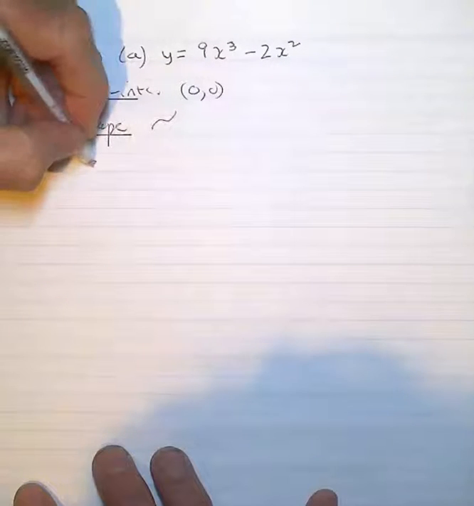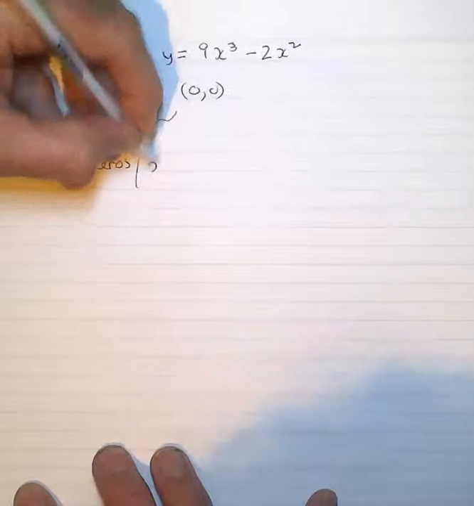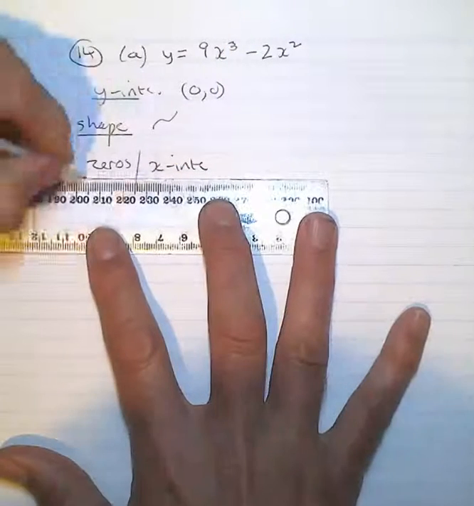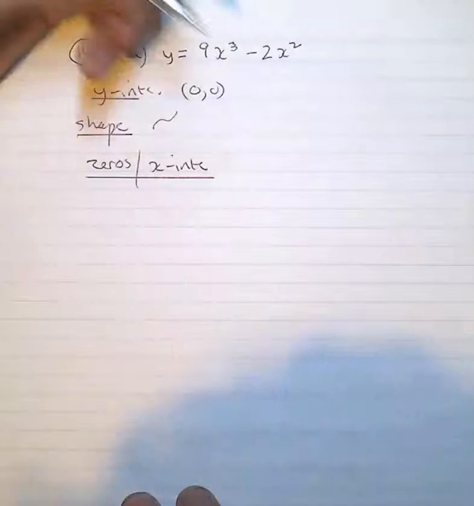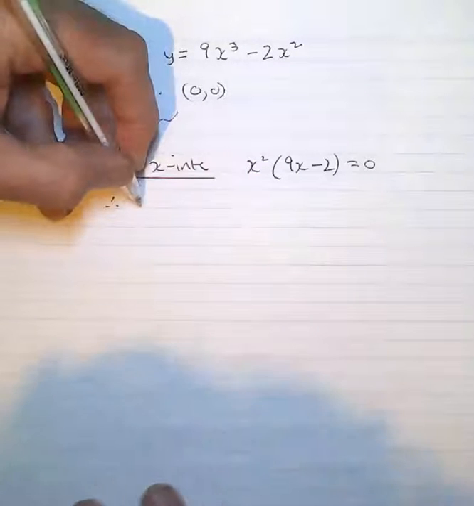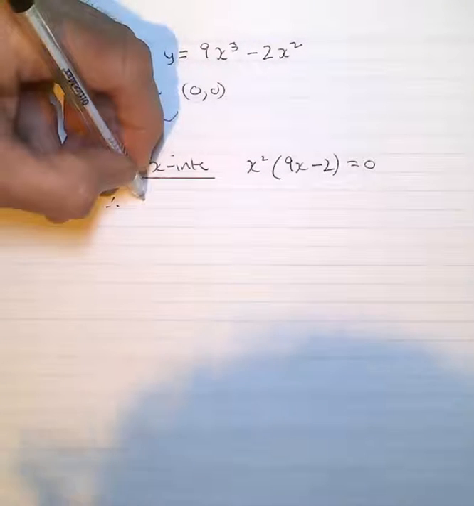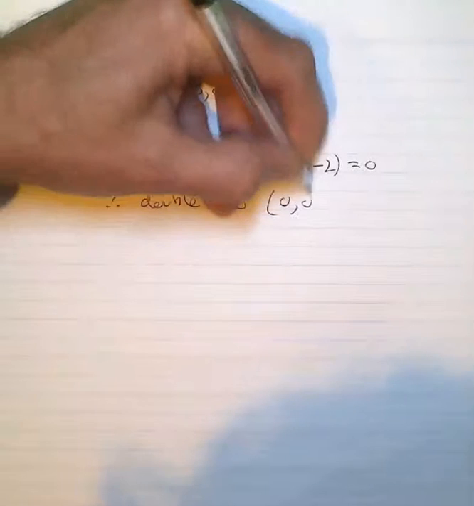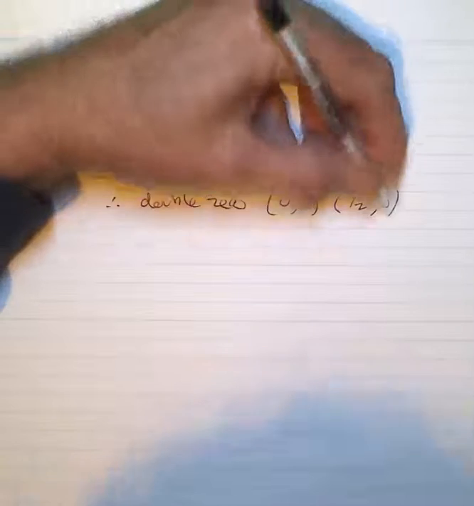So I'm going to find my zeros or my x-intercepts, which becomes x squared into 9x minus 2 is equal to 0. So I'm going to have a double zero at the origin, or turning point, and at 2 over 9, 0.